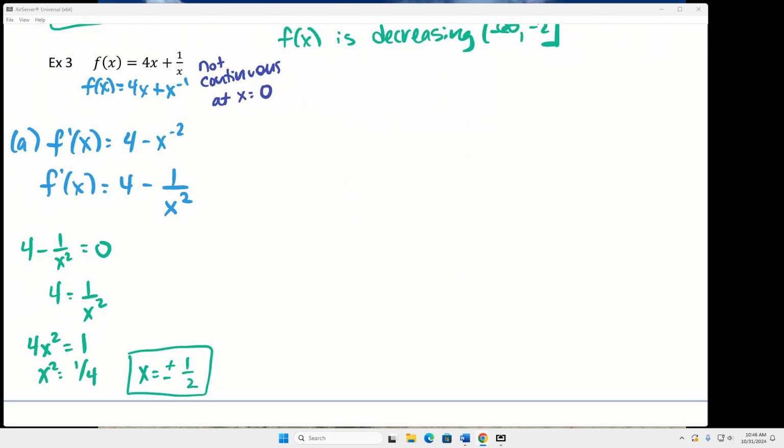Are those my only critical numbers? 1/2 and negative 1/2? No, because there is another place where this function is undefined. So another critical number is going to be x equals 0.